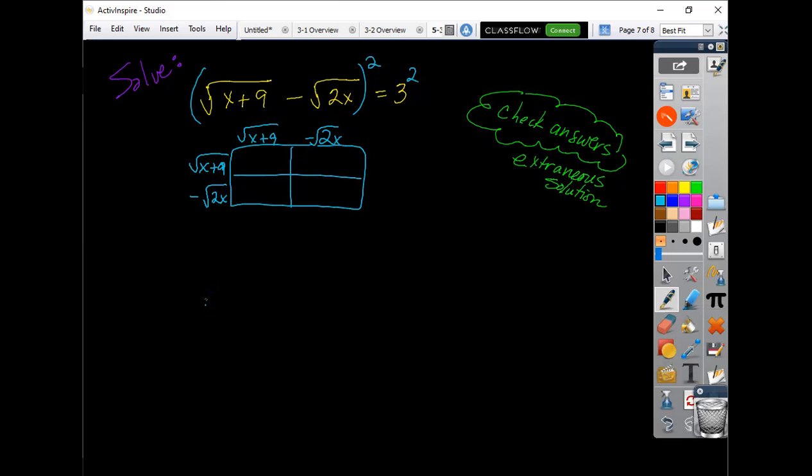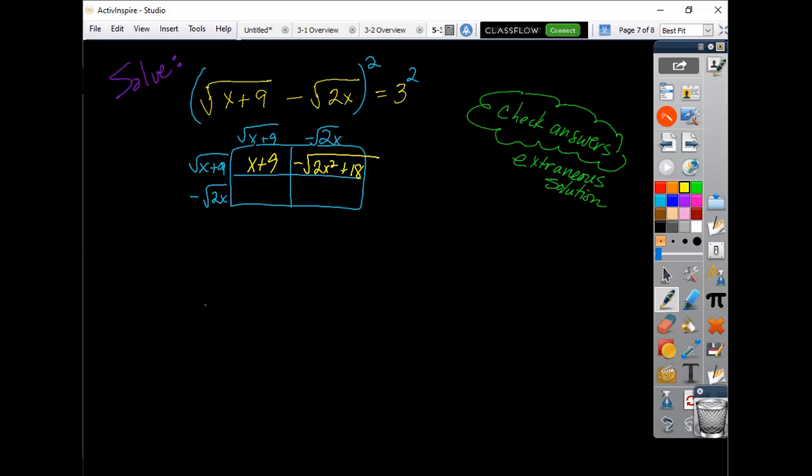Right now I'm taking this times itself. Square root of x plus 9 times square root of x plus 9 is just x plus 9. This one is where it's gross, so a negative here would be negative, and then 2x times that would be 2x squared, and then 2x times 9 would be 18.